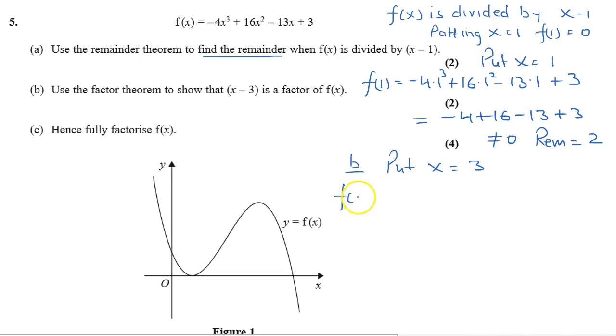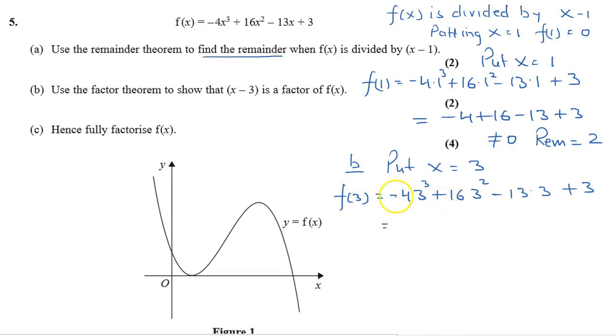So f(3) is minus 4 times 3 cubed plus 16 times 3 squared minus 13 times 3 plus 3.